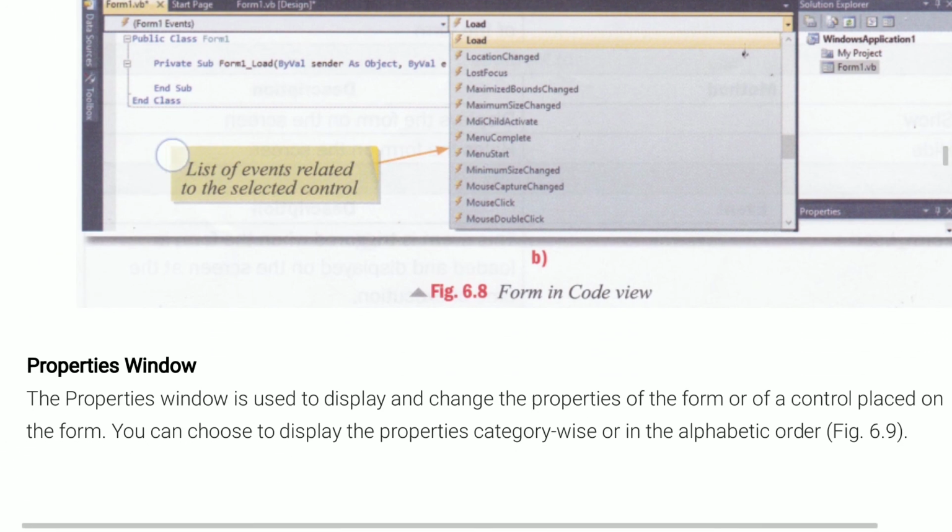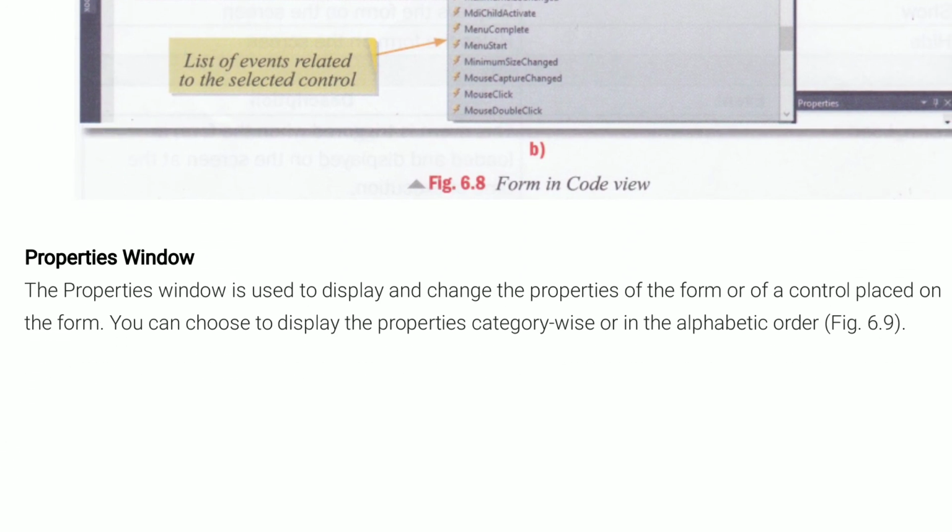Next one is the properties window. The properties window displays the properties for various components. As I also explained earlier, right now this window is only available in the design mode at the time of creating the program.